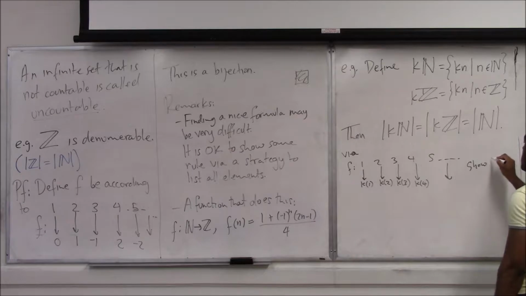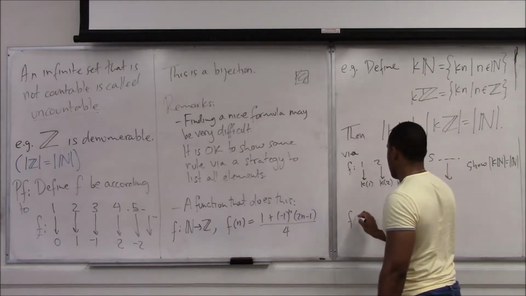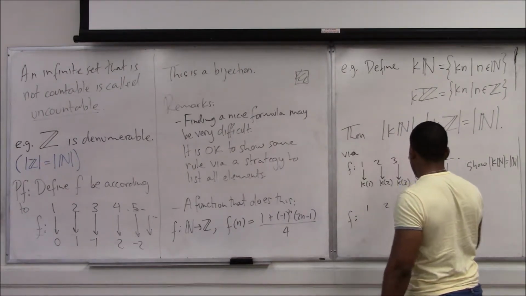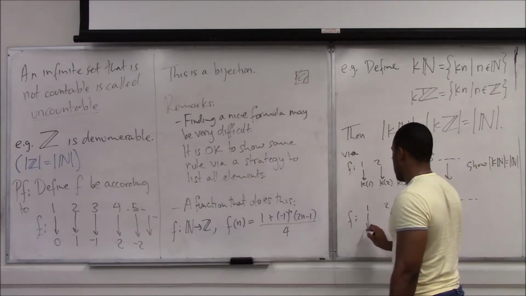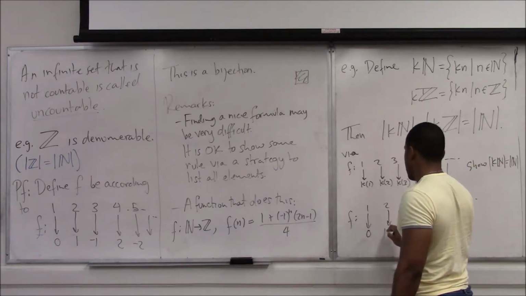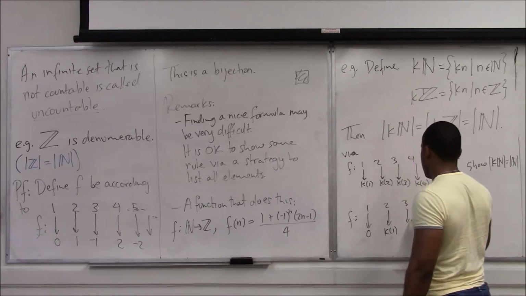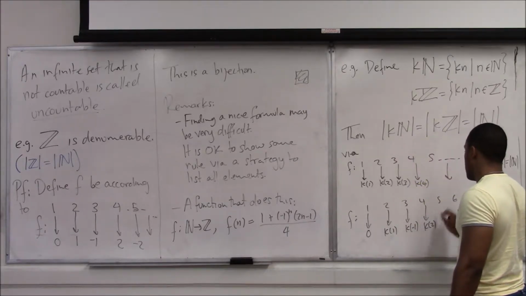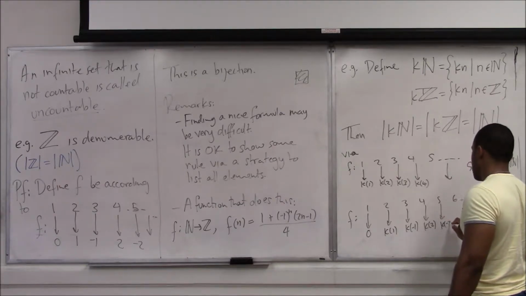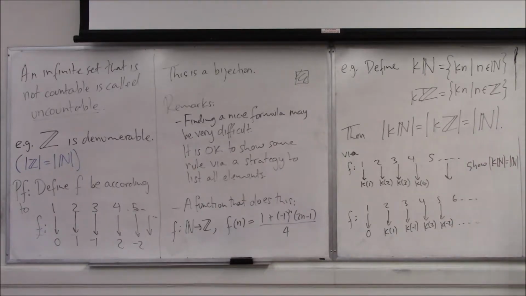So this shows that kN is actually equal in size to N. Similarly, if I go 1, 2, 3, 4, 5, 6, 7, map the first to 0, map the next to k times 1, then k times -1, then k times 2, then k times -2, and so on. This shows the same for kZ.